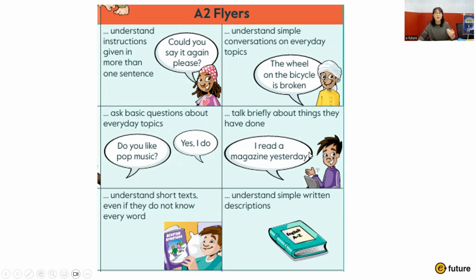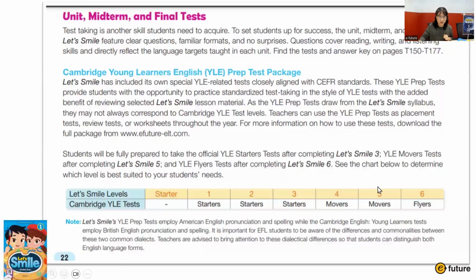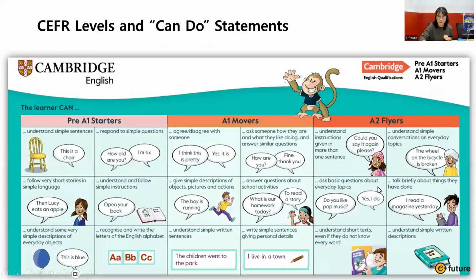Okay, this is what students can do when they are at this level. Okay, when they are at A2 level, flyers level. So this can be the goal of your course, right? I want my students to do this. That's the goal, right? Then you choose the books, right? Depending on the levels.